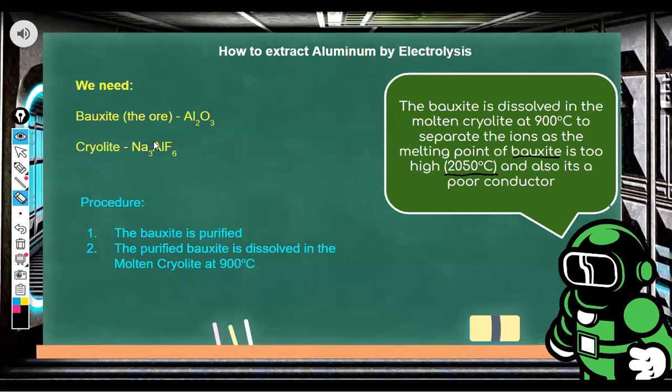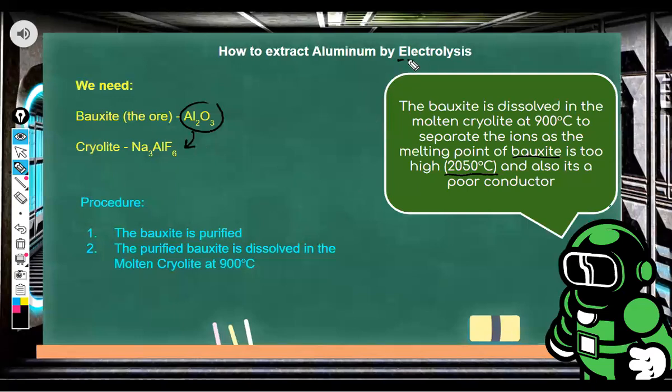So when you mix it with cryolite, the melting point is reduced to only 900 degrees Celsius. That's less than half. Also, molten aluminum oxide is a poor conductor. When you mix it with cryolite, it becomes a better conductor.